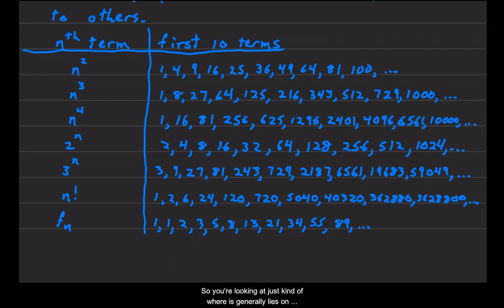So you're looking at just kind of where it generally lies on here. So it can be a good idea to take these sequences and sometimes graph them so you can see the growth rate of the curve, and then graph your sequence and see, does it fit in between a couple of these? Is it similar, or does it have just a little phase shift between them? It can be very useful to compare to these sequences.